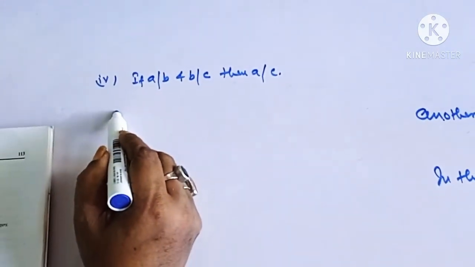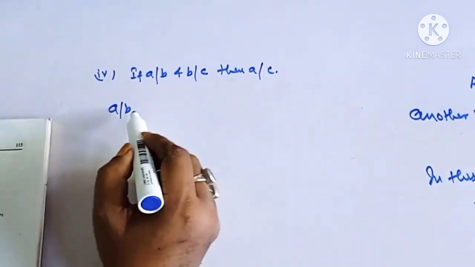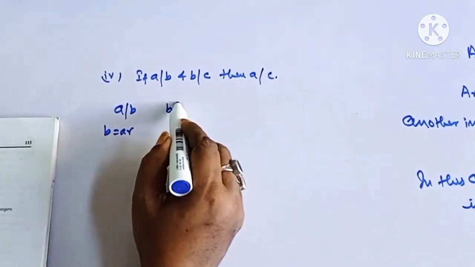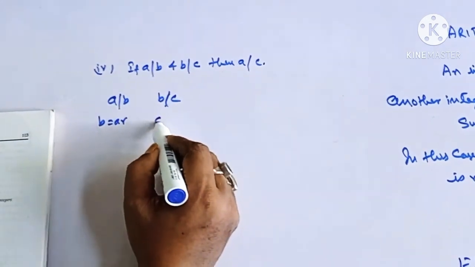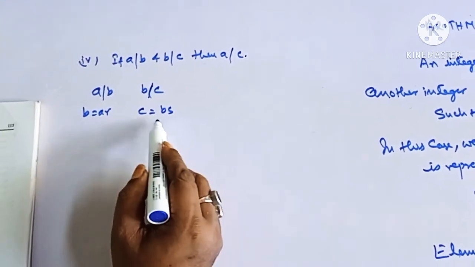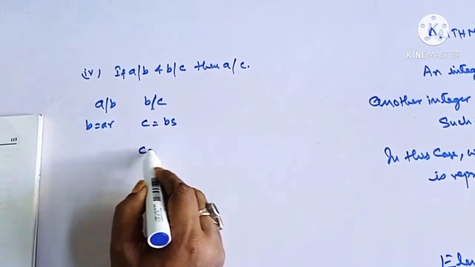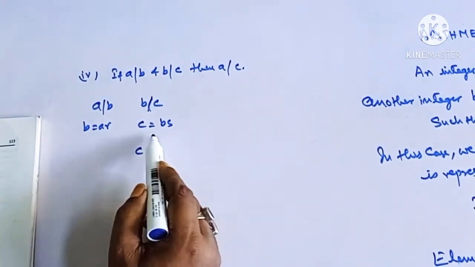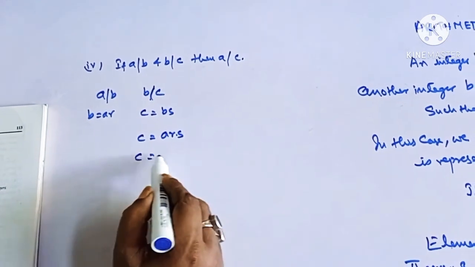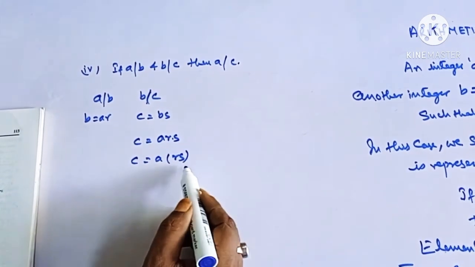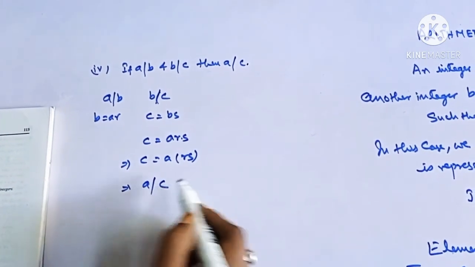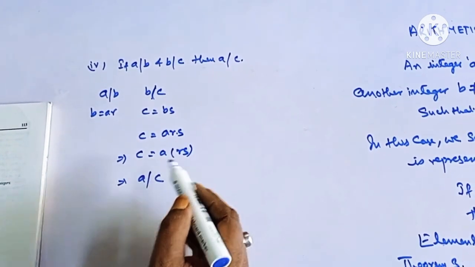So see here, a divides b, that means b is equal to ar, r is some integer. b divides c, that means c is equal to bs, s is some integer. Now here c is equal to the value of b I can put here, this is equal to ar into s. Now see, c is equal to a into rs, rs is some integer. So I can write that a divides c.